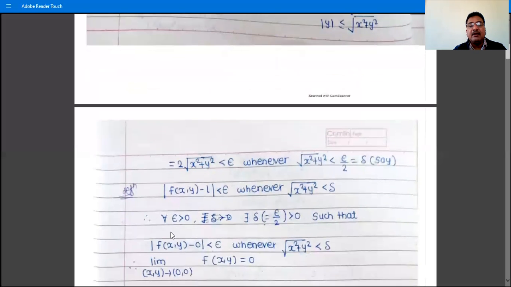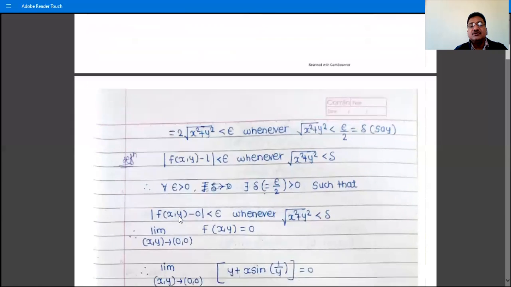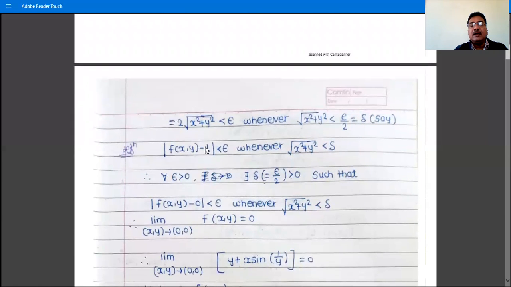And therefore what do we have? We have mod fxy minus 0 is less than epsilon whenever root x square plus y square is less than delta. This is the definition. So what do we have? For every epsilon greater than 0, there exists delta. Don't write the definition statement, no need to write it here.